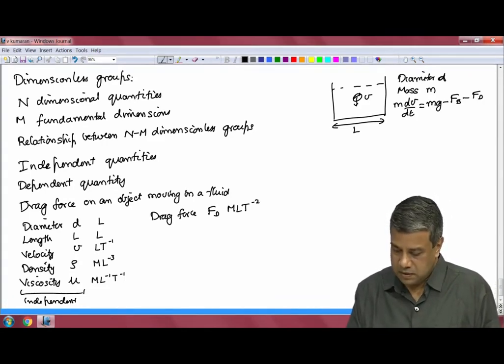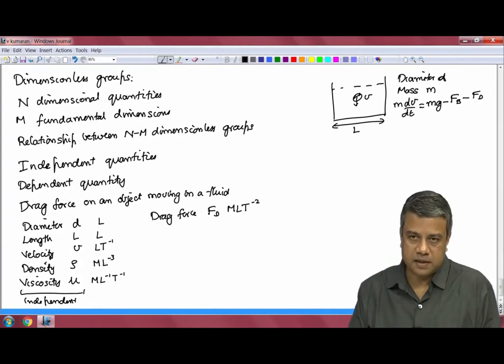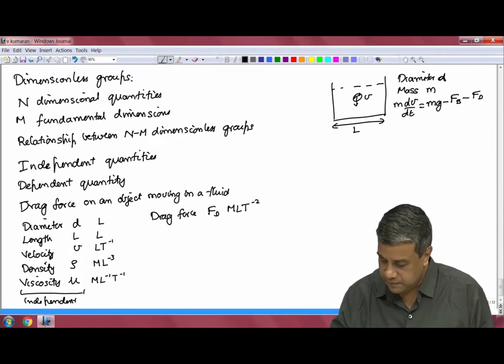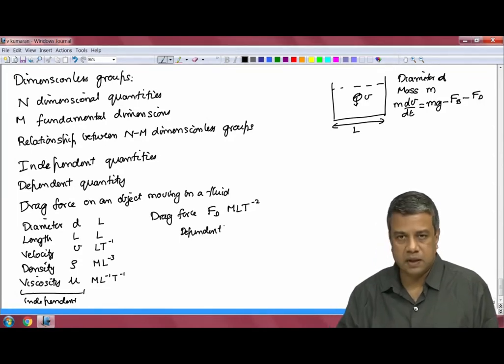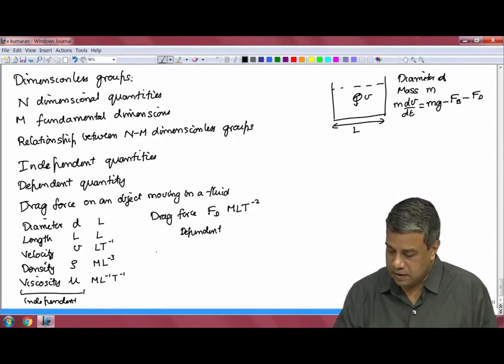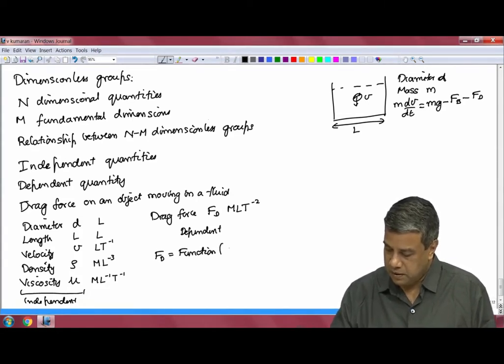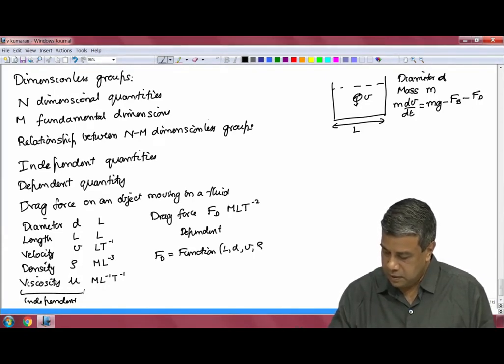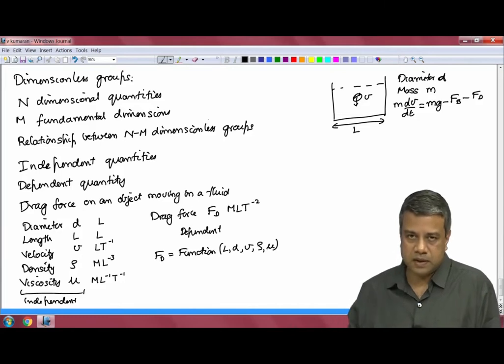So, in this problem there are 1, 2, 3, 4, 5 independent dimensional parameters, and one dependent dimensional parameter, that is the drag force. In general we can write the drag force as some function of L, d, v, rho and mu.